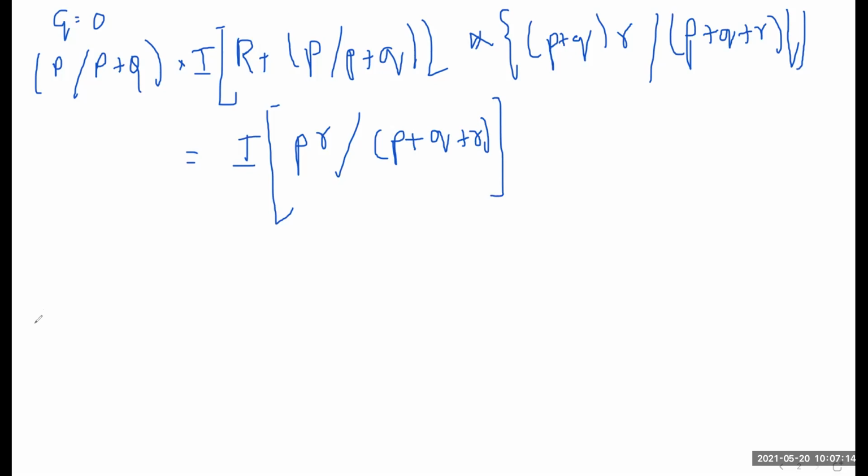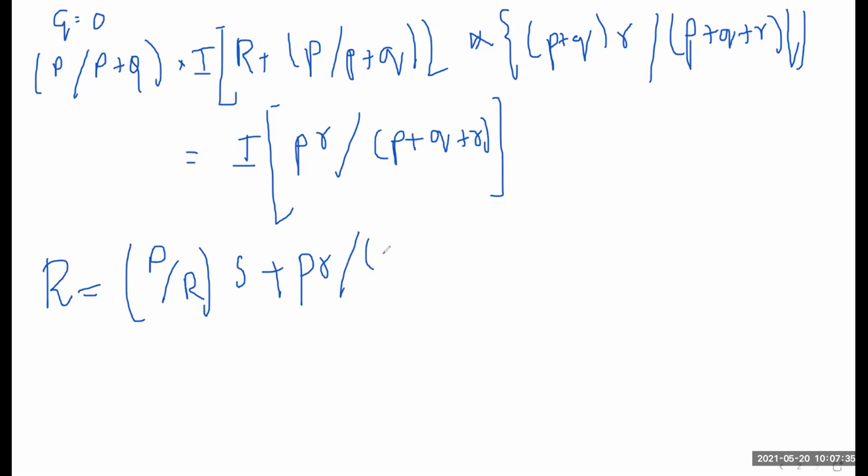Okay, so the last equation we can write for R, the unknown resistance. For that we can write P divided by R multiplied by S plus PR, small p, small r, divided by P plus Q plus R.